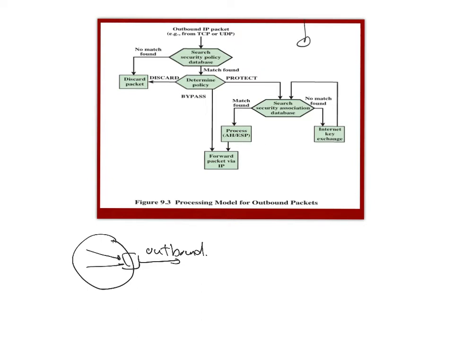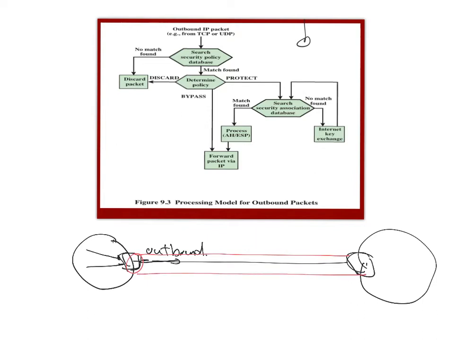Between this and another host or router on a remote network, we have what we call the tunnel. This tunnel has an entry point and an exit point. The entry point, we call outbound, which follows this flow chart. And here we have the exit, which follows another flow chart that we'll talk about in the next slide.